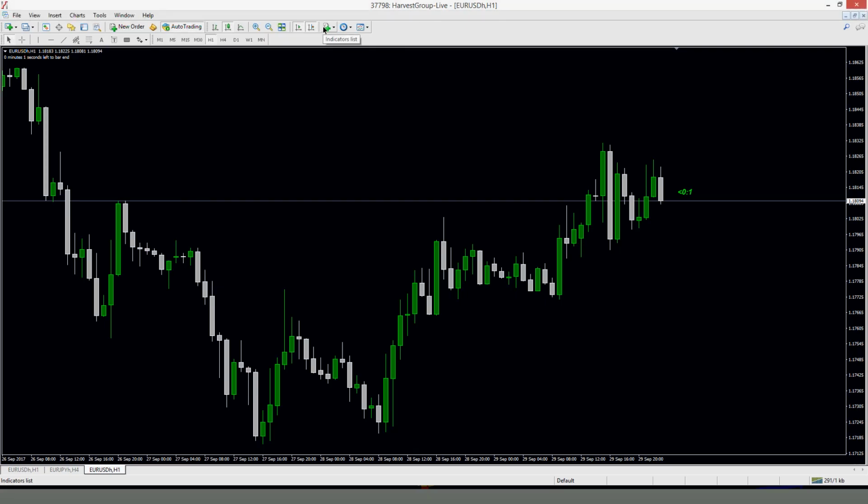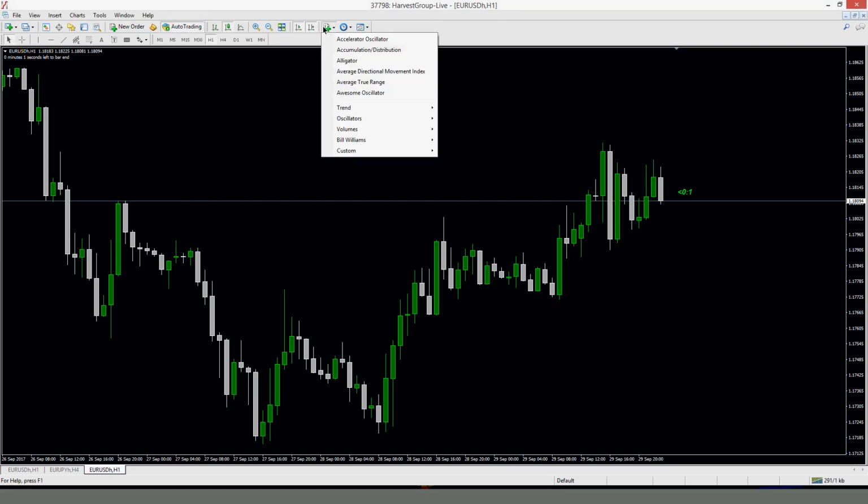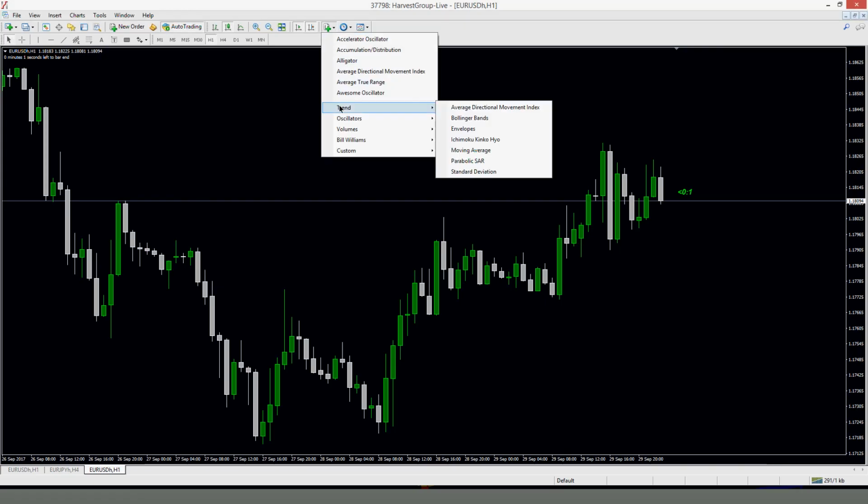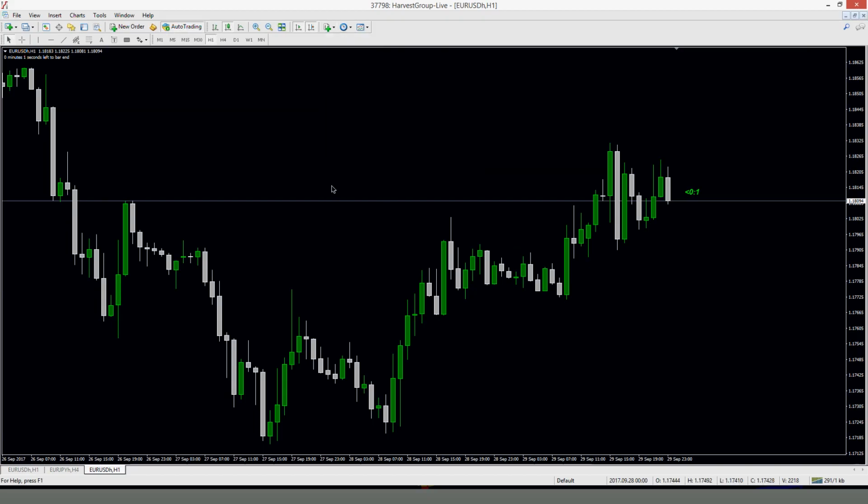If you check your indicators list, Bollinger Band and moving averages are within the trend category. Keep this in mind because later on I will touch on that again. Basically moving averages and Bollinger Bands tell you the trends, so they are indicators that tell you where the market is heading.